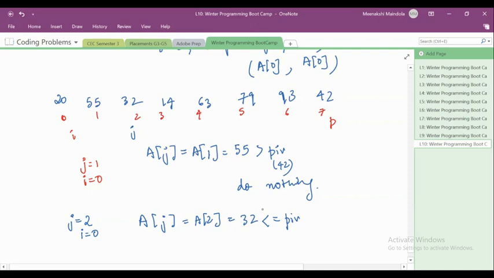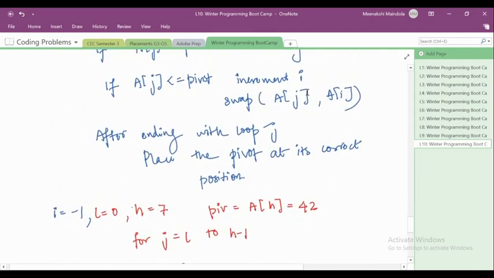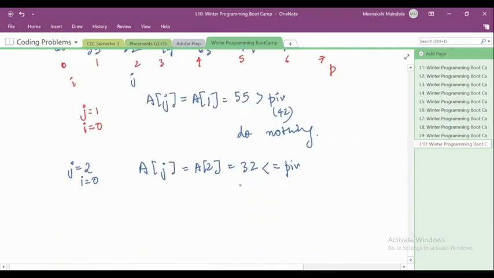So what happens in this case? If a of j is less than or equal to the pivot element, then we increment the value of i and swap a of j and a of i. So let us do that. Increment the value of i, that is i plus plus. i was initially 0, it will now become 1, right? And we swap a of j and a of i. j is currently 2, and i is currently 1.